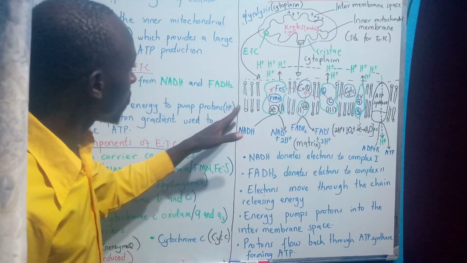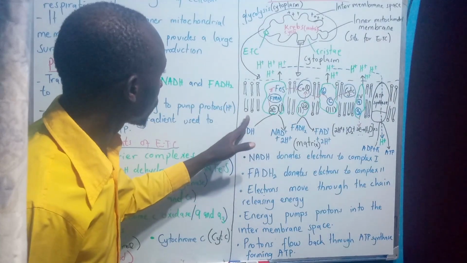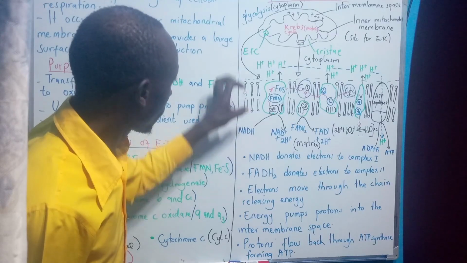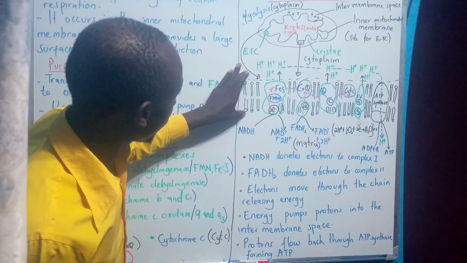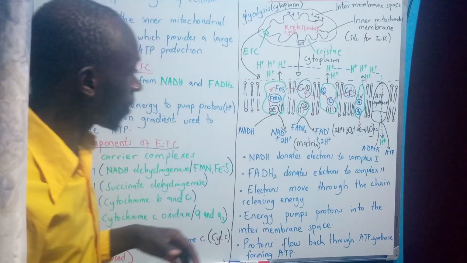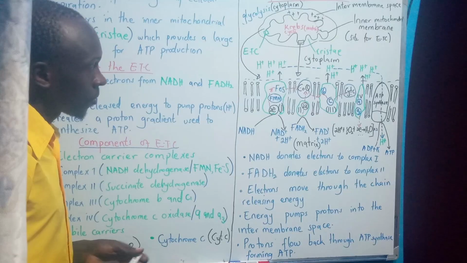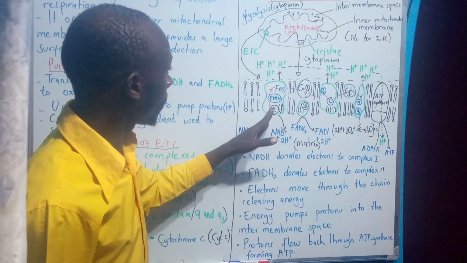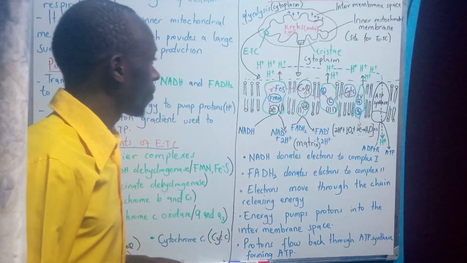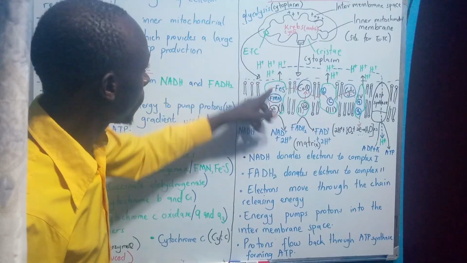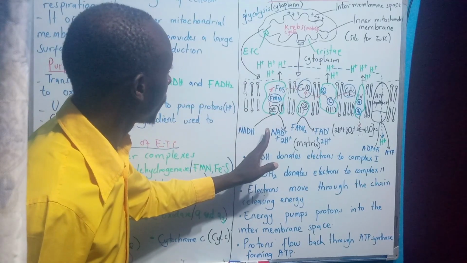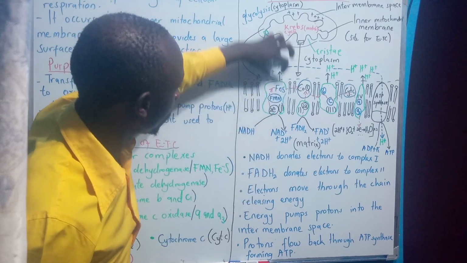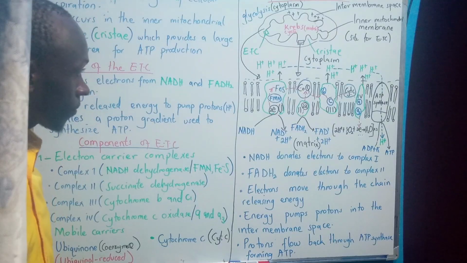It is impossible for these hydrogen ions to cross via the hydrophobic tails, because they are not polar. So the only pathway for the crossing of the hydrogen ions is the protein complexes. When you see this arrow, it shows that the hydrogen ions have crossed via protein complex number 1.